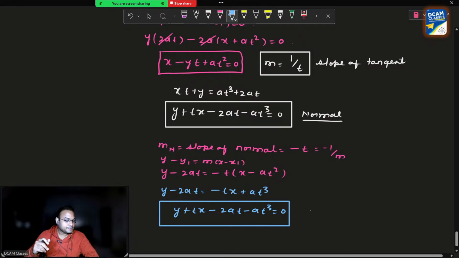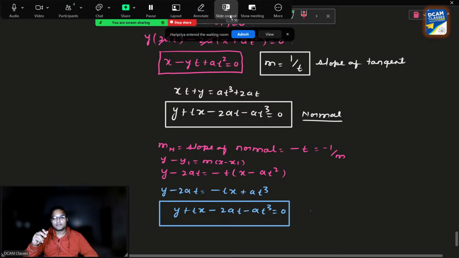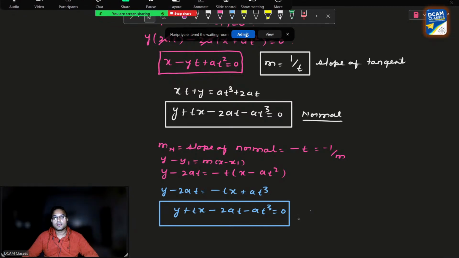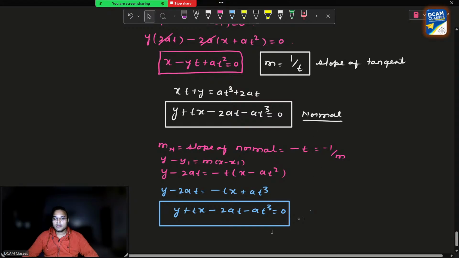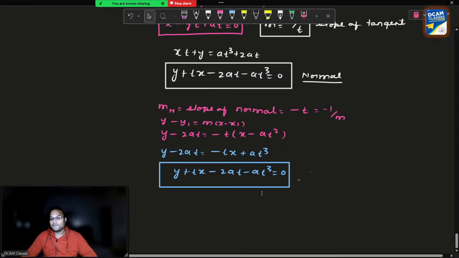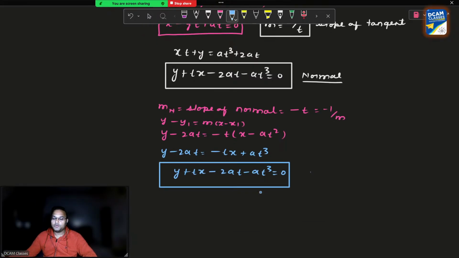It's a C. This one is interesting. You can observe this equation. This is the equation of normal. Two things I'll ask you to remember. This is the equation of normal, one thing. And the slope of the normal is minus t.